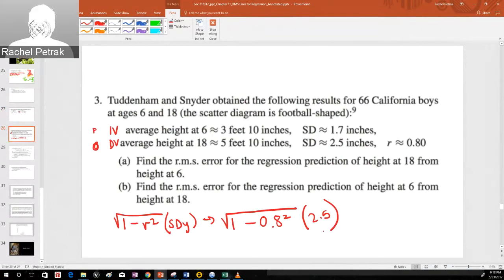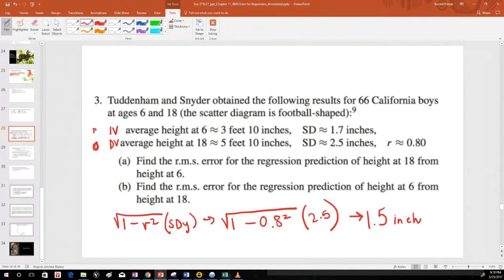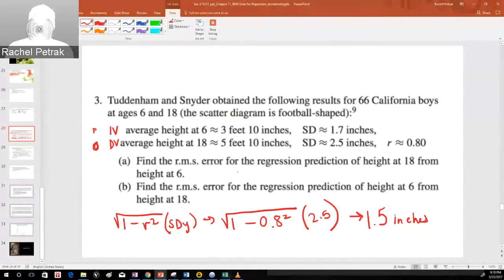If you work this out, you'll see that it's going to be 1.5 inches. I'm sure you can confirm that yourself. So we know that the RMS error for the regression prediction is 1.5 inches.